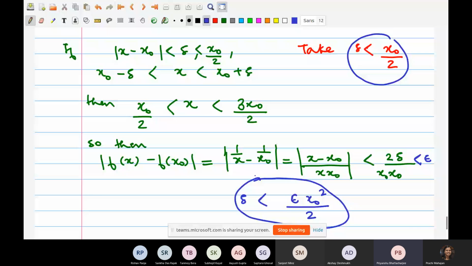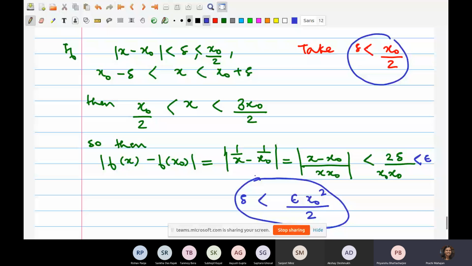The positive square root of their product? I don't know. It's just a guess. See, what will I achieve if I take a positive square root of their product? Where is that thought coming from? I'm just trying to understand. You may be right. Ma'am, just because then delta would accommodate both the conditions, I guess.